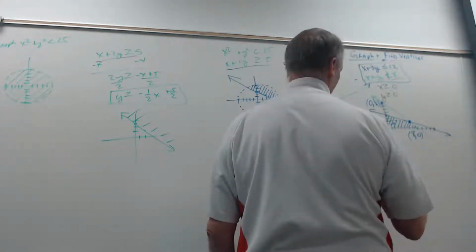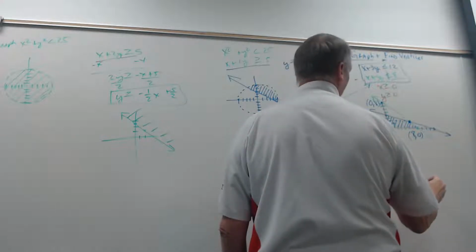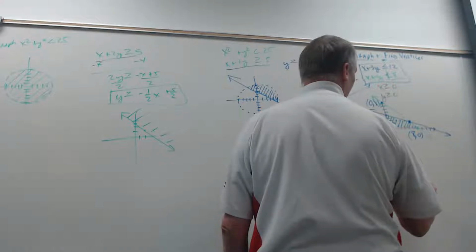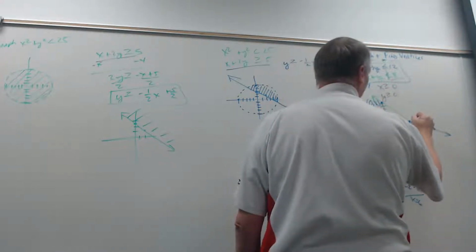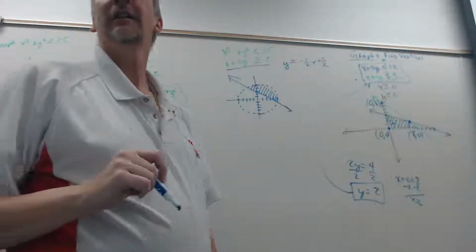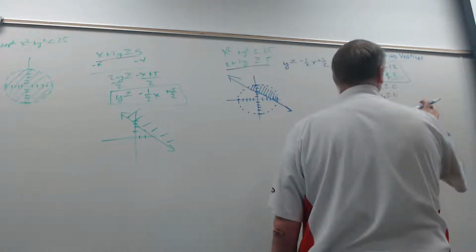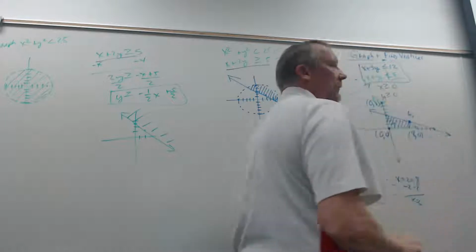We're going to get x plus 2 equals 8. So x equals 6, which is right where I drew that, right? Okay, so what point is that? 6, comma, 2.